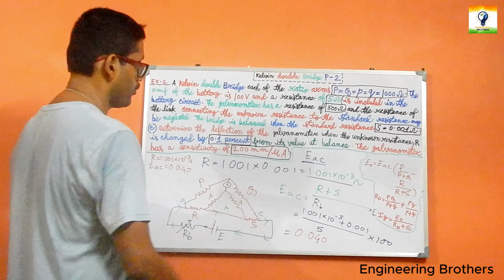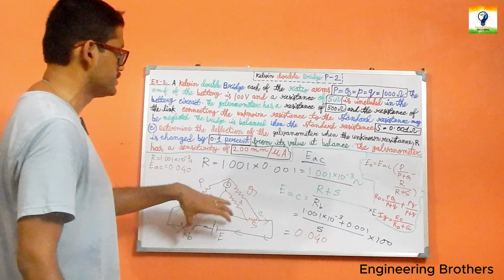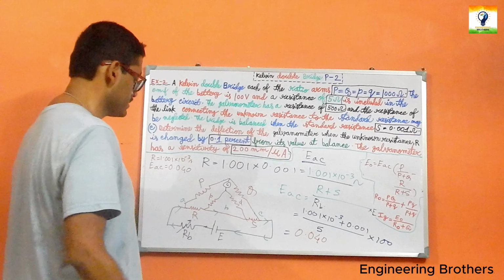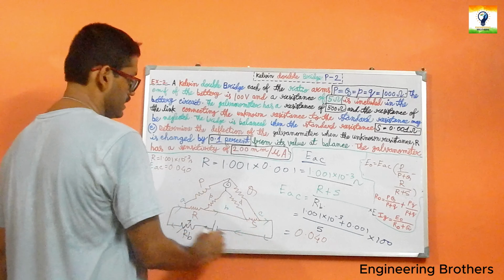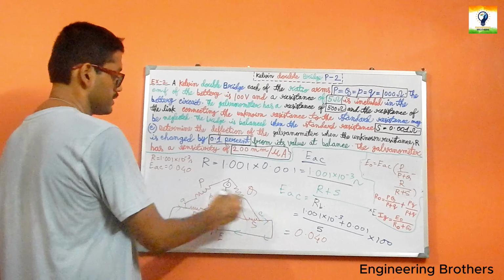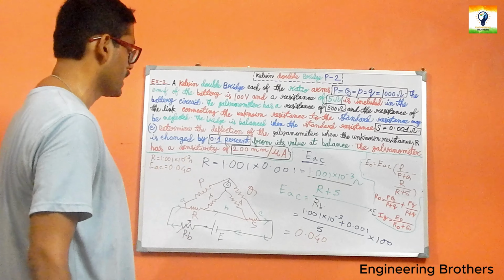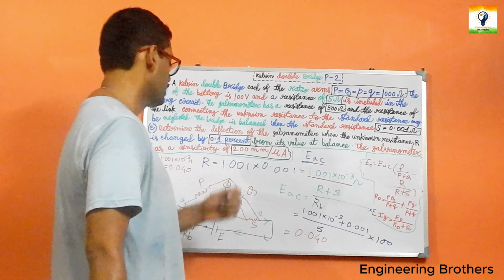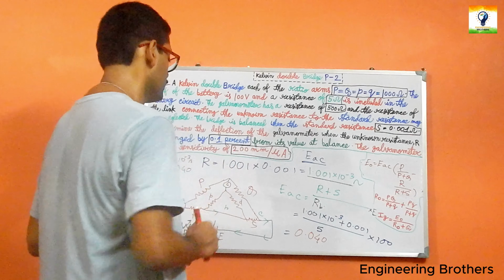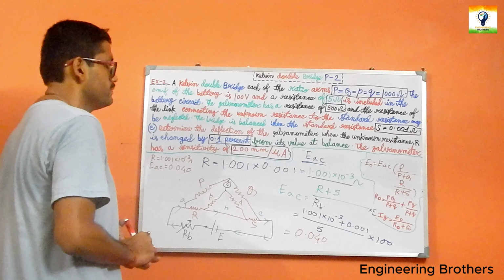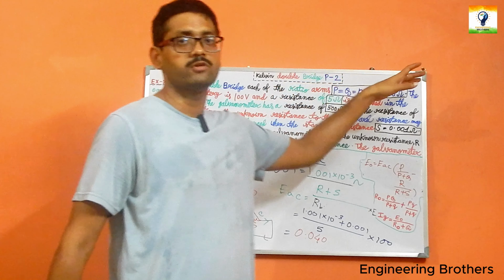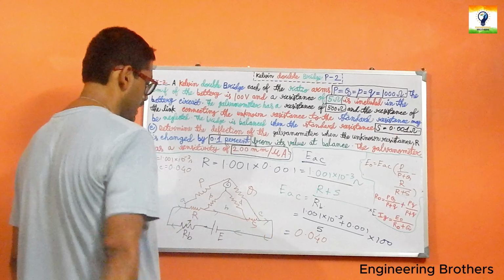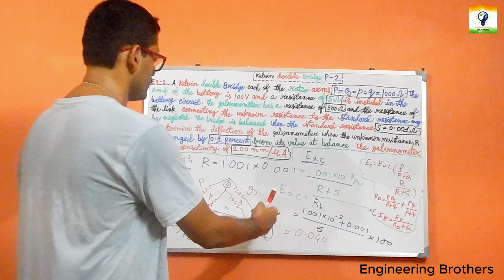I have once again redrawn our given Kelvin double bridge circuit over here, and you can see that all the current is flowing in the lower part. There should be no current between our P, small p, Q, small q portion over here. Why? Because all those values have the same resistance values over here, so all the currents are going in this way, and we need to find out the voltage drop across our EAC.